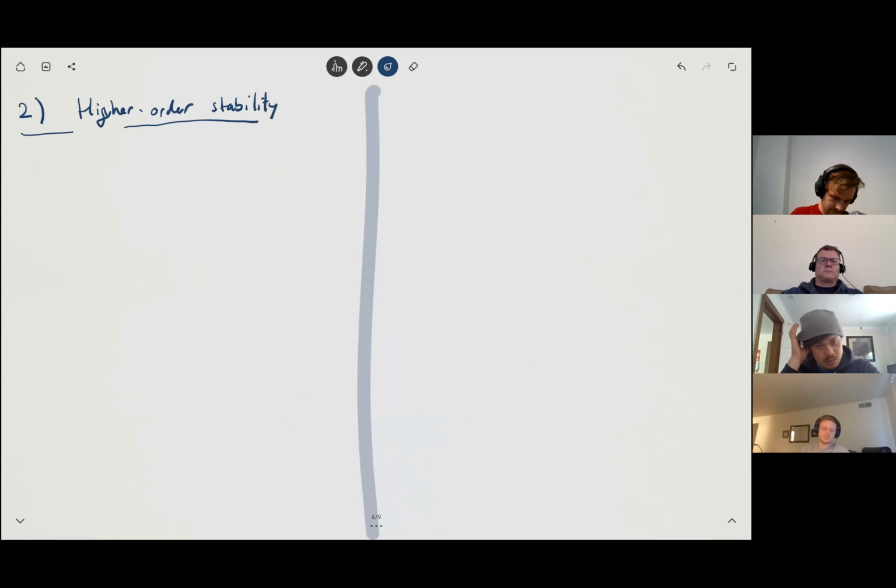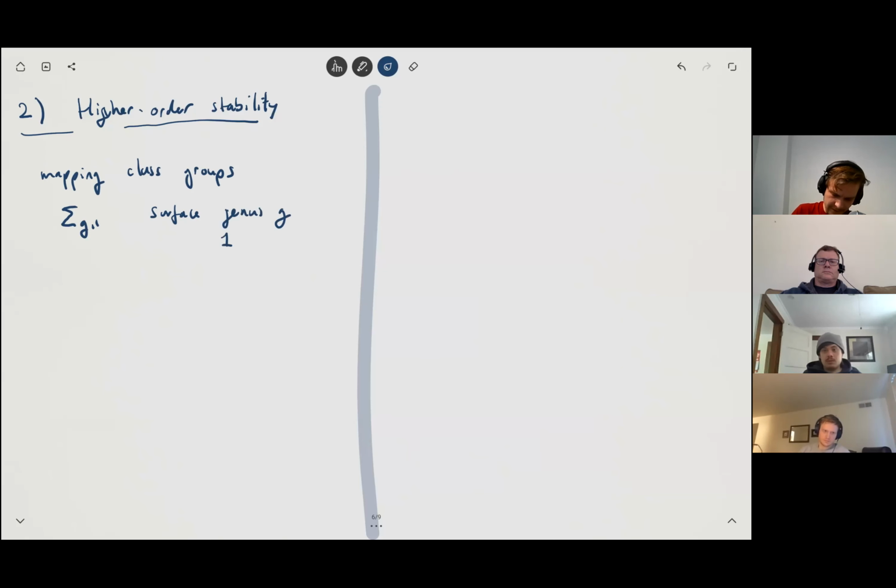And in this case, the illustrative example I want to talk about is that of mapping class groups. Okay. So let's take a surface of genus g with one boundary component.